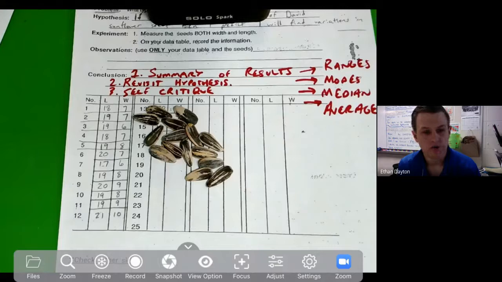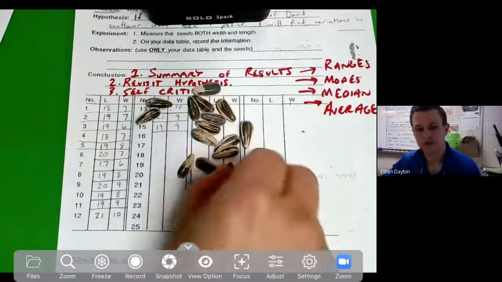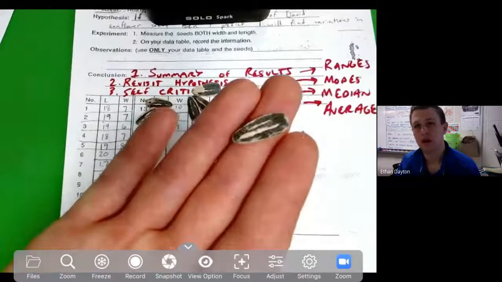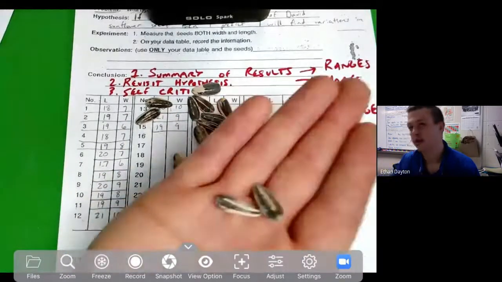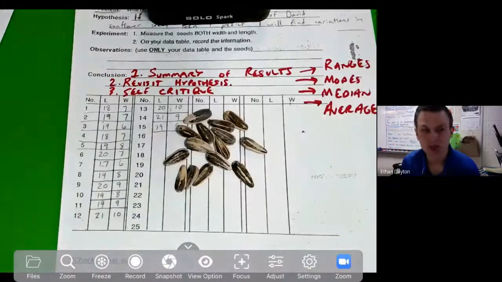It goes into the ovary of the female part of the flower and produces these as their fruit. The fruit are the carrier for the seeds. These are not exact copies of the sunflower. They're all different. We figured that out by measuring them as well, right? So that's the type of variation that we saw.